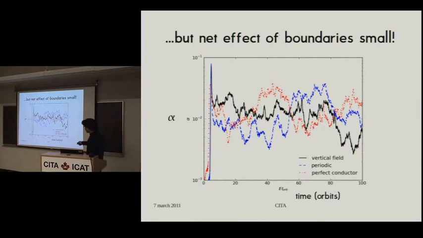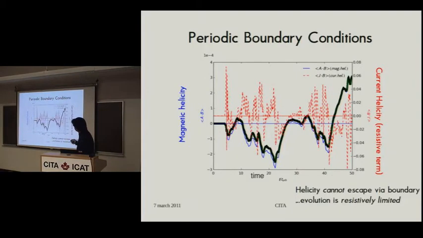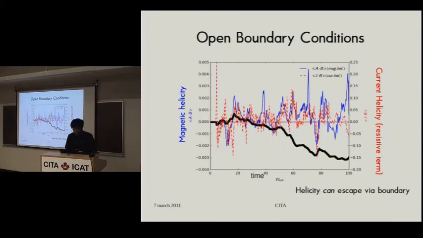The periodic case, which is probably the least realistic, but one of the most commonly used, so that does not allow any helicity transport across the boundaries. The perfect conductor boundary condition, which also does not allow any transport across the boundary. And the vertical field, which does. And not only allows it, in fact, does indeed promote transport in the MRI case.